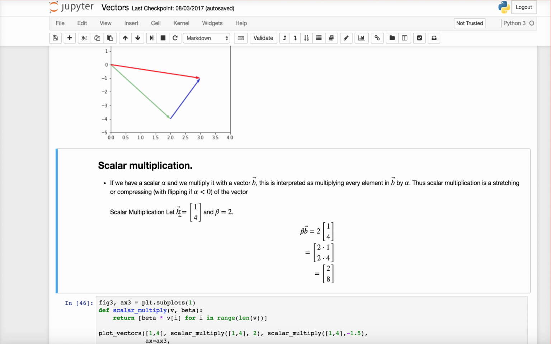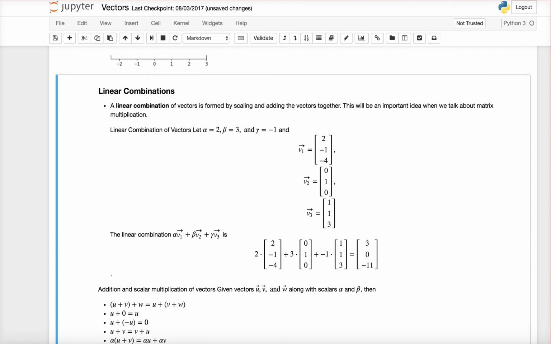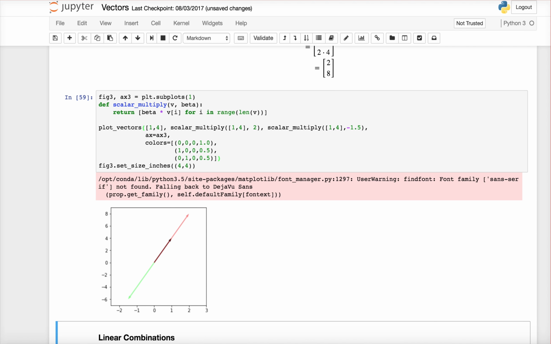So here, given a vector B as elements 1 and 4, and a scalar beta, 2, so 2 times the vector 1, 4 is 2 times 1 and 2 times 4, resulting in a vector with elements 2 and 8. And here, I'm doing the same thing, where I have my original vector, and then I can scale it.